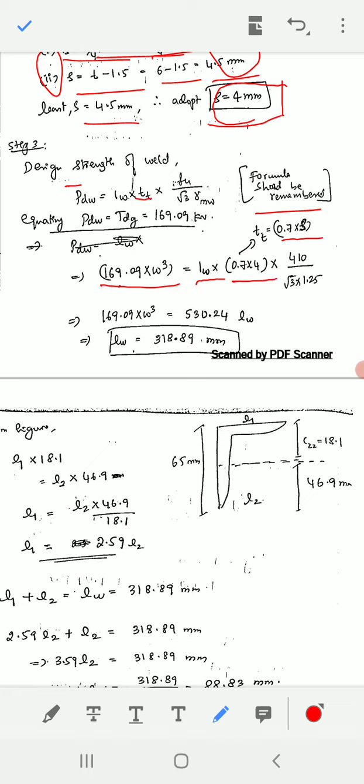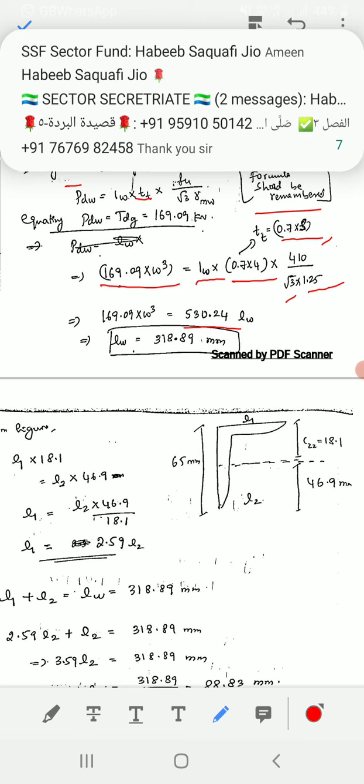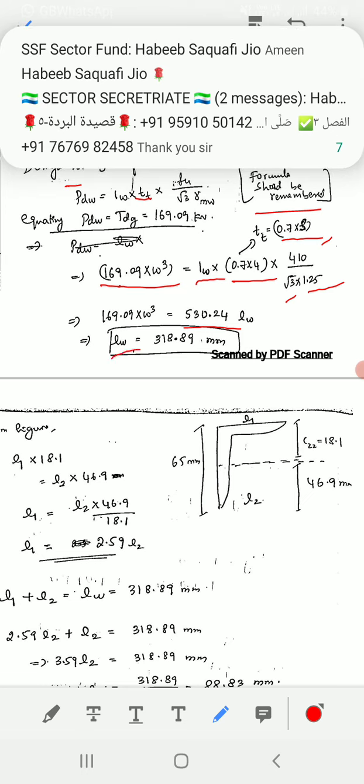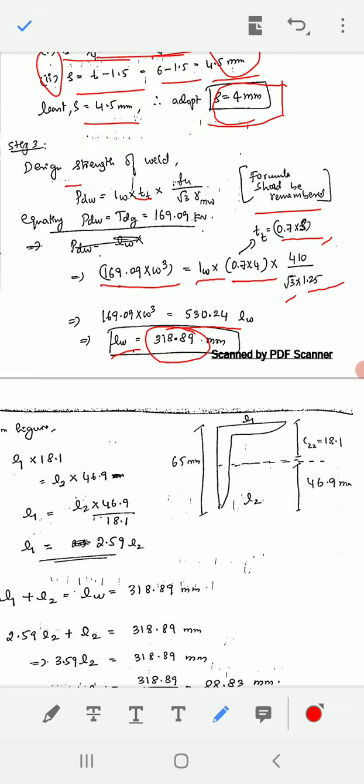Then 410, that is Fu, given in the question. Then root 3, then gamma mw is 1.25. Gamma mw, m0, then gamma mb, all the values are given in page number 30 of the code book. After simplification you get 530.24 Lw, and we can calculate the Lw value, that is 318.89.